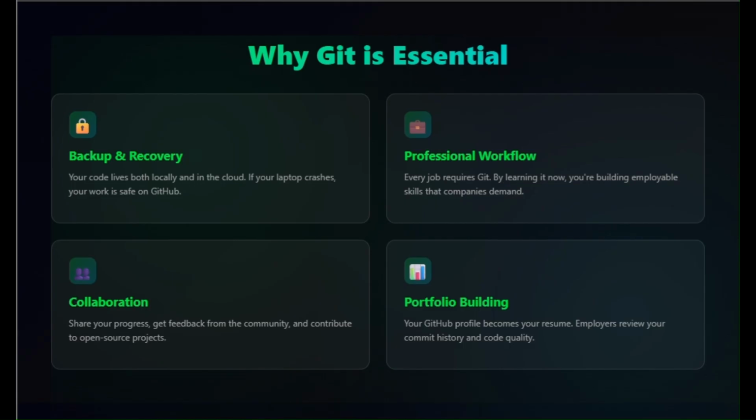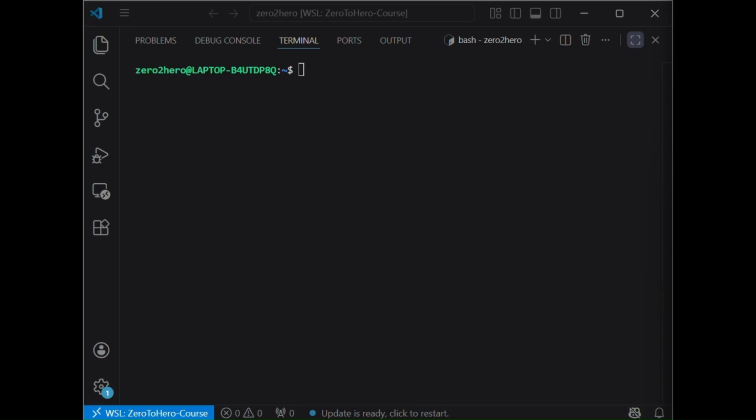With Git, you can share your progress, get feedback, and even contribute to open source. Number four, portfolio building. Your GitHub profile becomes your resume. Employers will look at your commit history, your projects, your code quality. So, yes, Git is not optional, it's essential, and you are mastering it.